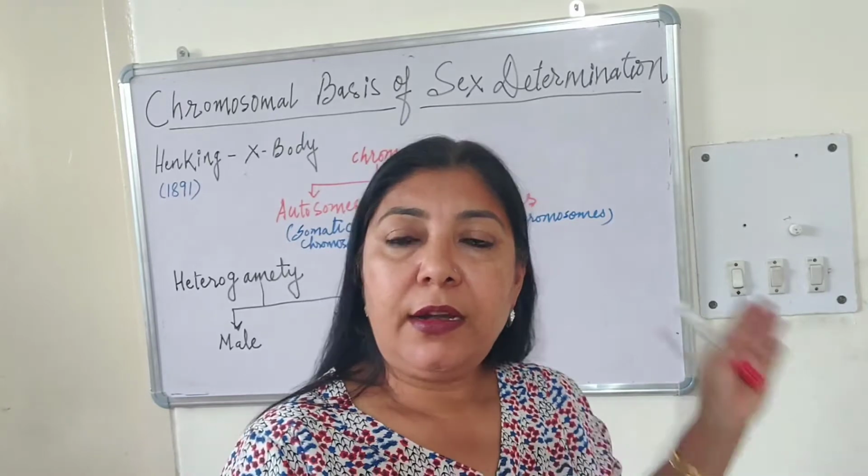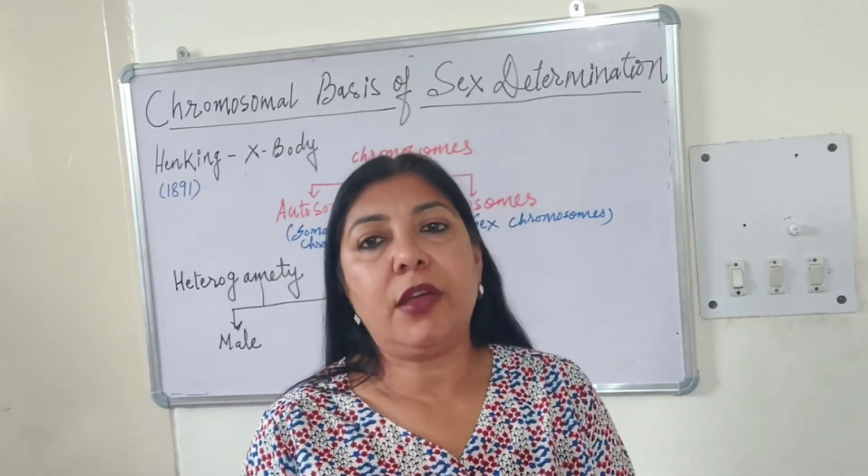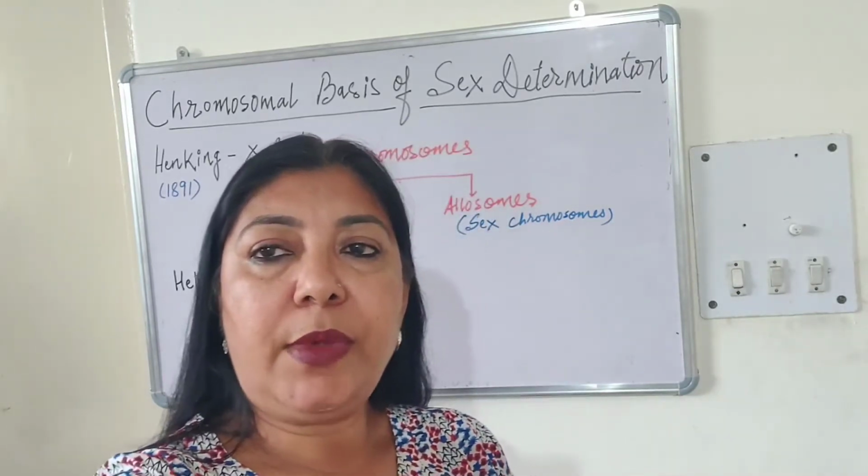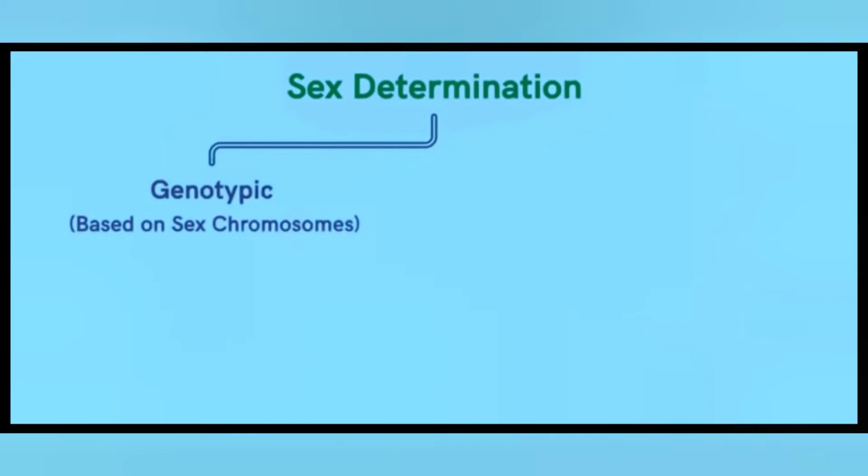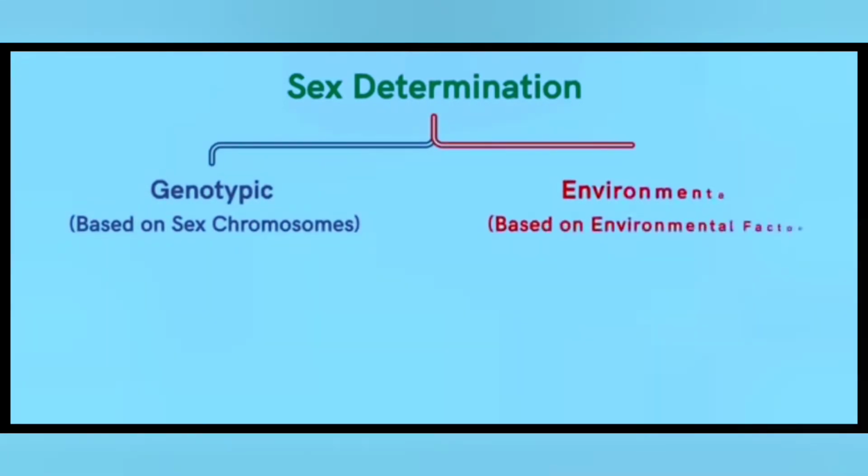So let's study different types of sex determination through this animation. Before going into the details, let us first categorize all these mechanisms into two main categories, genotypic and environmental. Genotypic means based on sex chromosomes.